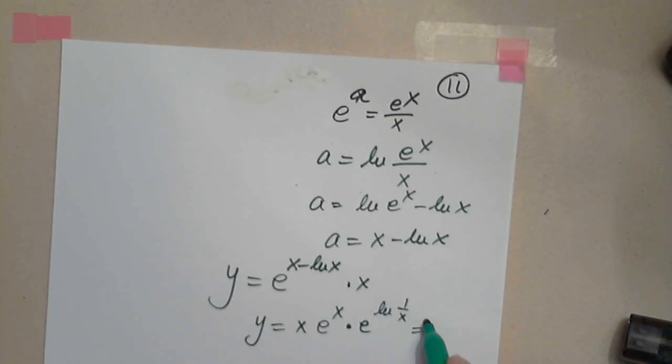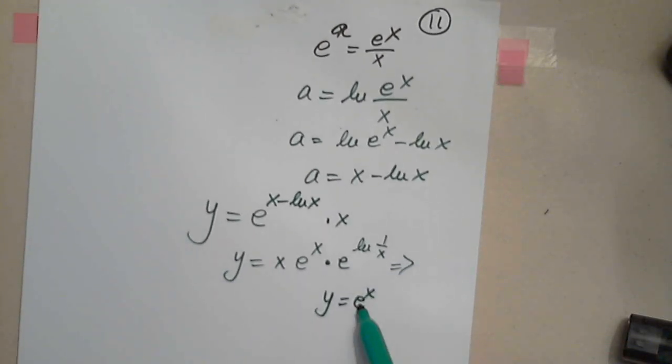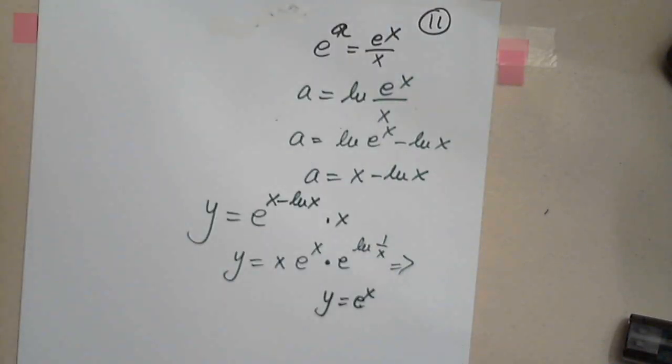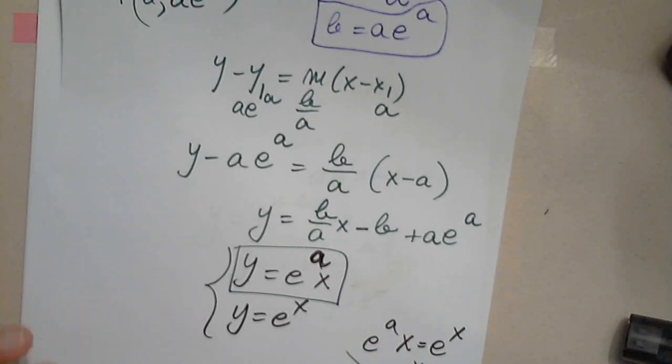And when I replace this by 1 over x, I will cancel the x, so y equals e to the x. As a conclusion to the problem, I would not do anything else, but this will be the equation of the tangent line. It's a very interesting situation.